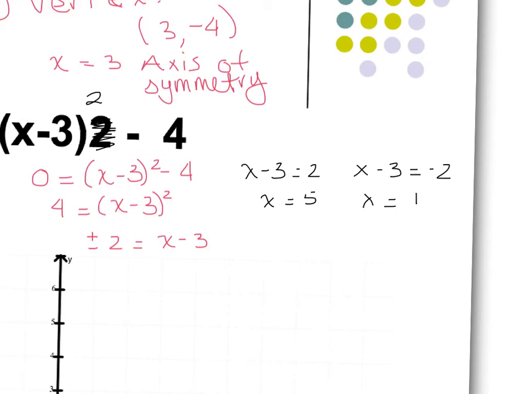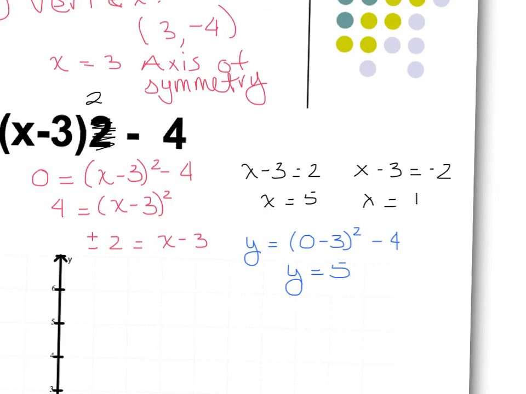And then we want to find our y-intercept. So let x equal 0. And now we're finding y. So 0 minus 3, quantity squared, minus 4. Negative 3 squared is 9, minus 4 is 5. So y equals 5. So now we're going to plot our vertex, our 2 x-intercepts, and our y-intercept.